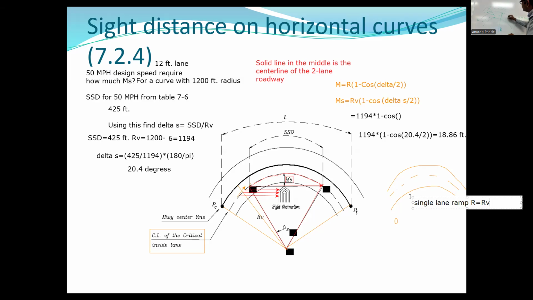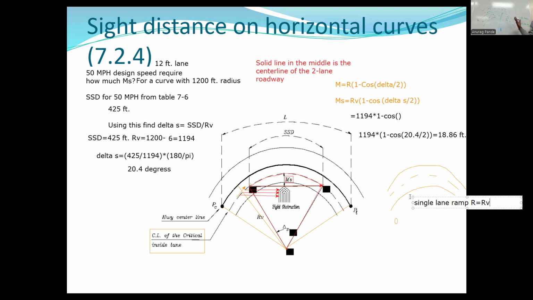You're going to subtract this full lane, so minus 12. And then you're going to subtract half of this inside lane's width, minus 6 feet. So in this scenario, RV will be equal to R minus 18 feet. Make sense? R minus 18 feet in this scenario.